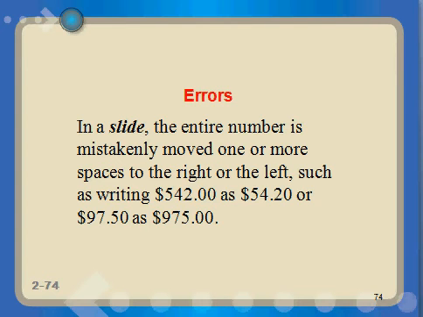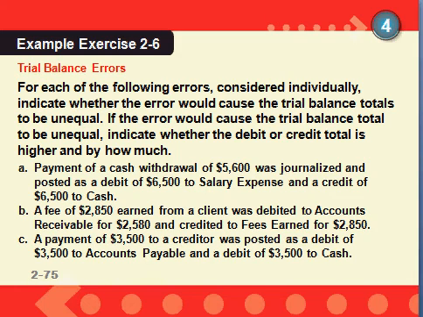So now we're going to take a look at a couple more exercises. And what we're going to do is look at 3 types of possible errors and discuss how they would affect our trial balance. The first one is payment of cash withdrawal $5,600 was journalized and posted as $6,500 to the salary expense and $6,500 to credit.